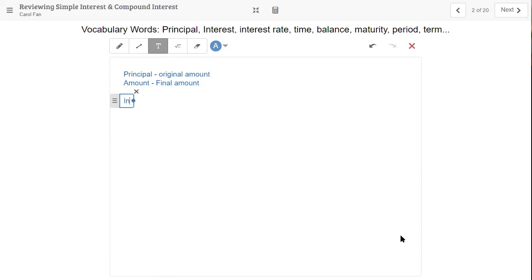We also have interest, represented by the capital I, and this is the interest as a money amount. On the other hand, when we talk about interest rate, we're talking about the percentage of money that you're getting as a result of the loan or the investment.